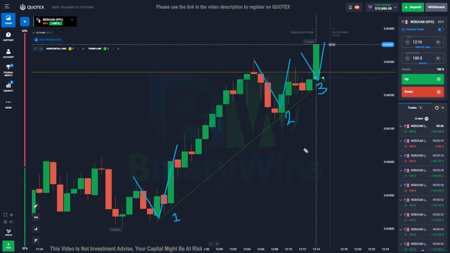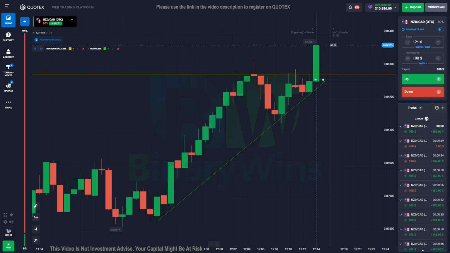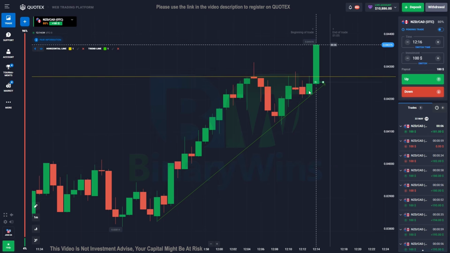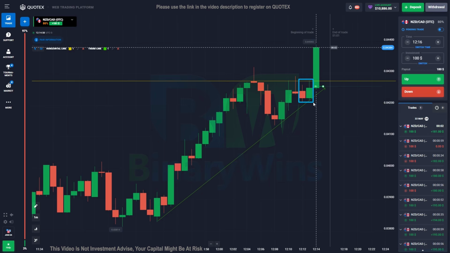This is actually the same S, C, or pattern that I explained in detail in a separate video. As you can see, the green candle engulfed the red candle.